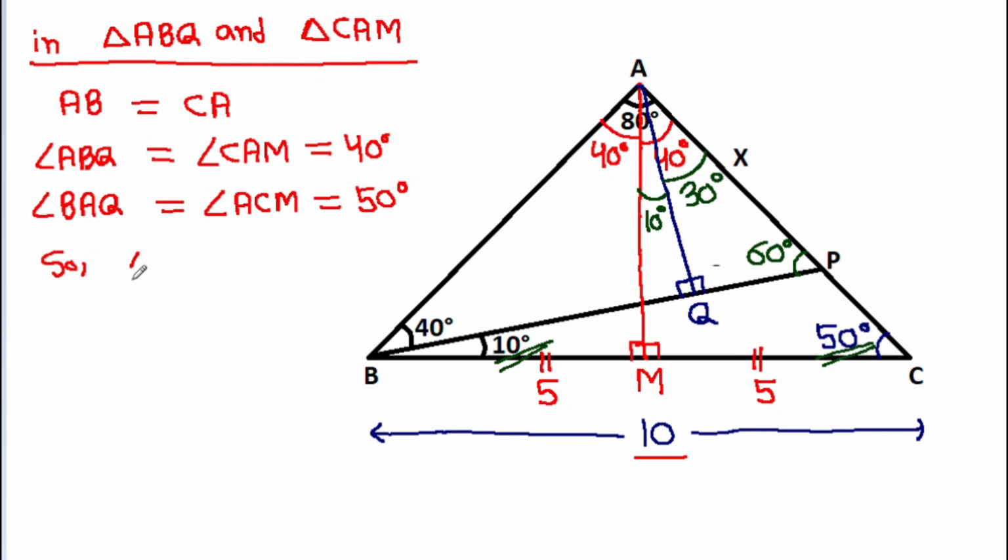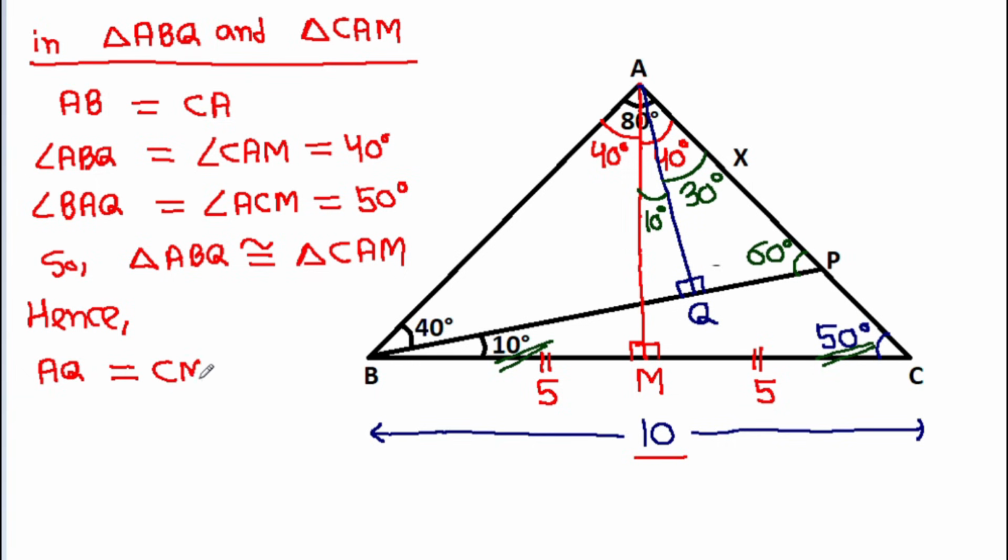So triangle ABQ, it will be congruent to triangle CAM. Hence AQ, it will be equal to CM, and CM is 5, so AQ, it will be also 5.